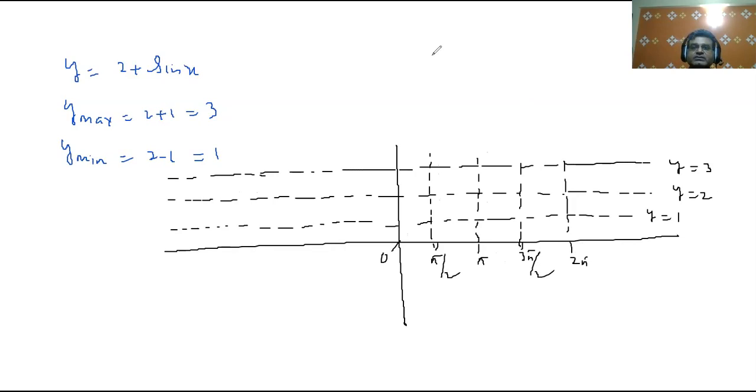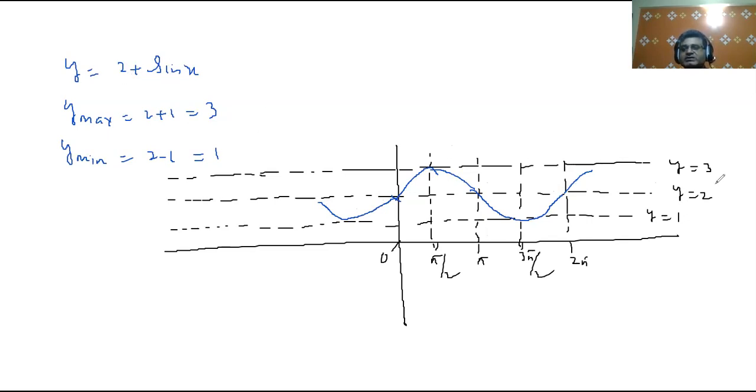Now the graph will start from here. It will go like this. This is the graph. Likewise, the graph will move. So at pi by 2, this will be equal to 3. And at pi, it will be equal to 2, because sine pi is 0, then y will become 2.